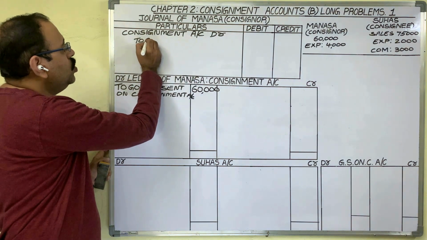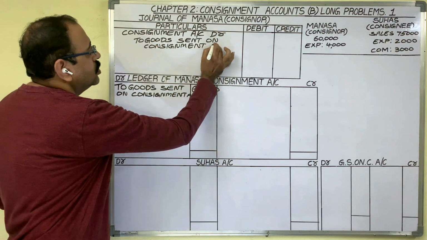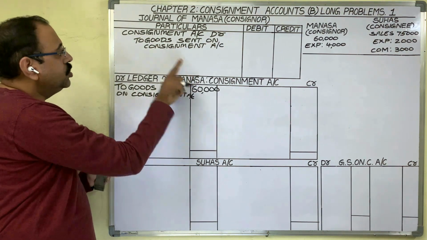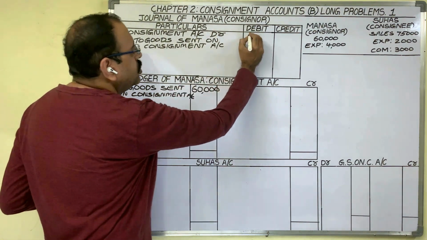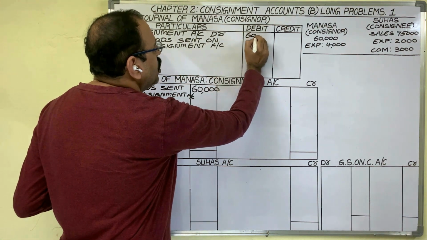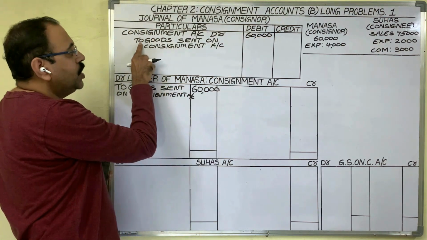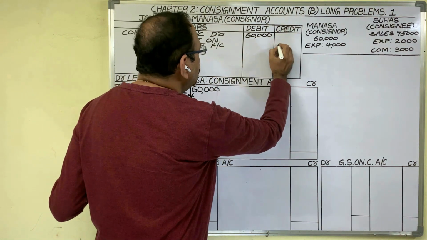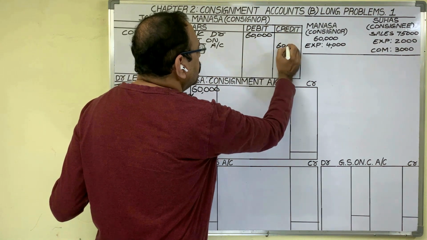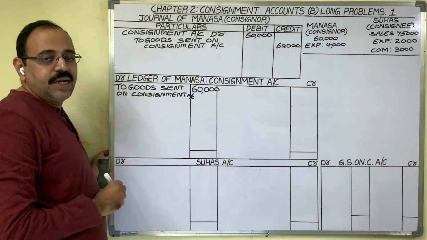To goods sent on consignment account. Amount is 60,000. So for consignment account, in debit column write down 60,000. Because consignment account is debited in the entry. For goods sent on consignment account, write down the amount in credit column. Because goods sent on consignment account is credited.